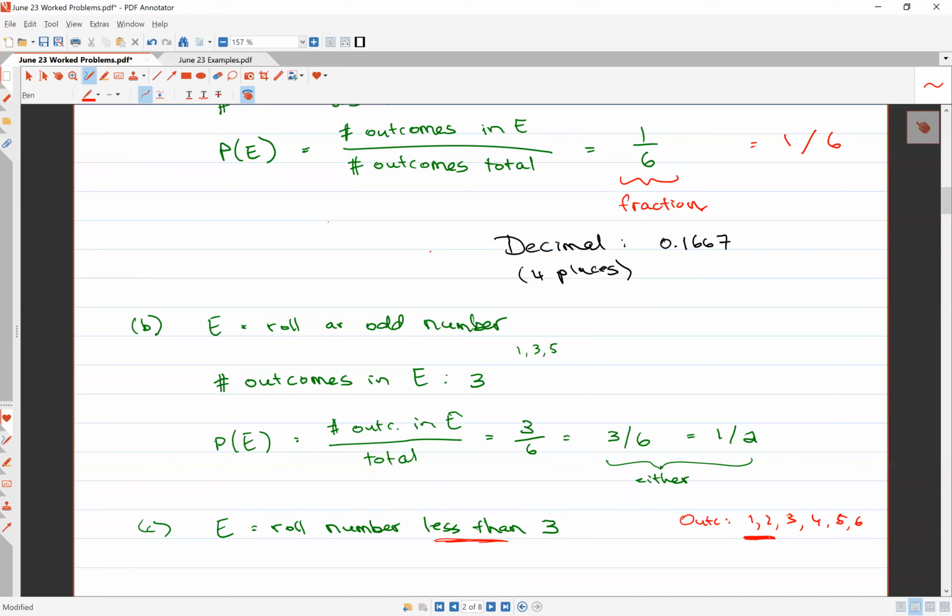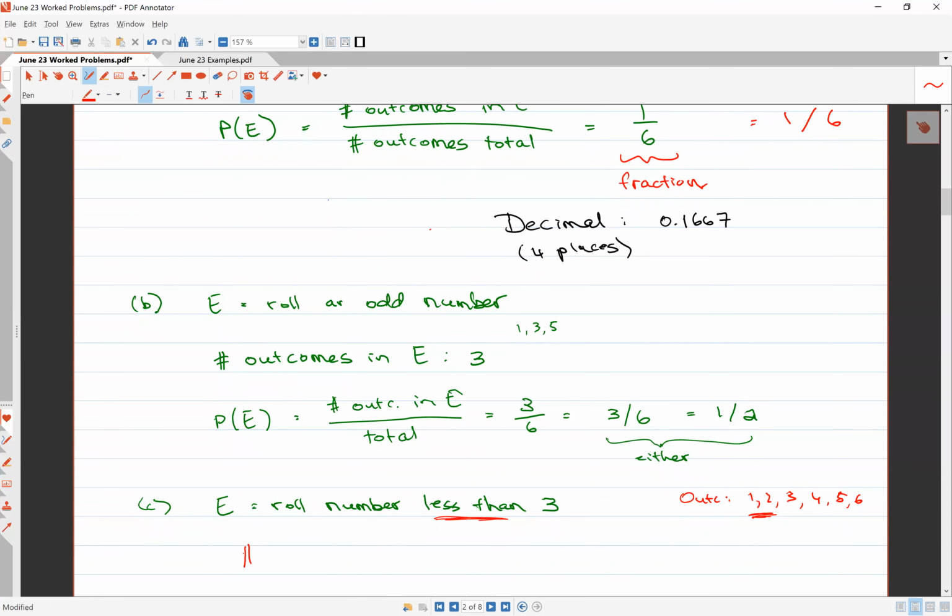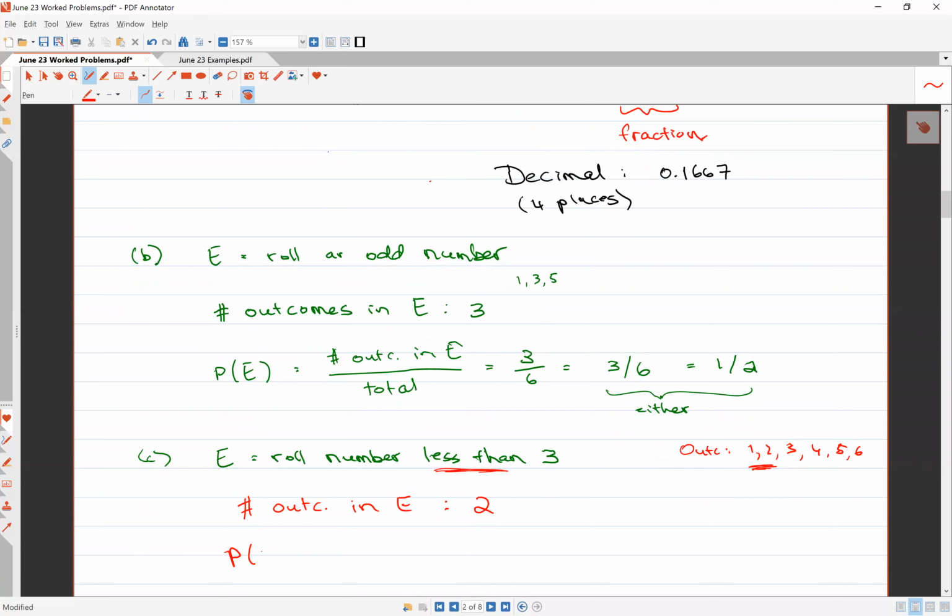Well, that's only 1 and 2, right? Because is 3 less than 3? No. This did not say less than or equal to, it just said less than 3. So in this case, the number of outcomes in E is 2. And so when we calculate our probability, it will be 2/6.